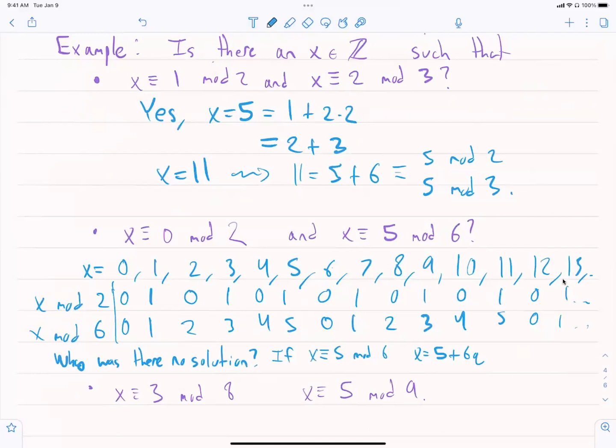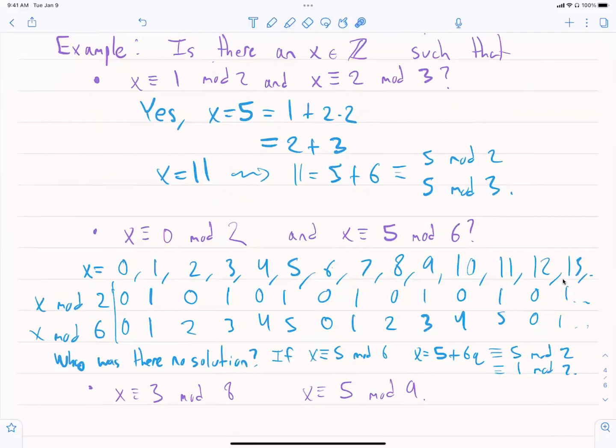But then, that's always going to be an odd number, right? Because 6 is divisible by 2, so this is just congruent to 5 mod 2, which is congruent to 1 mod 2. So if I'm congruent to 1 mod 2, I'm not congruent to 0 mod 2.